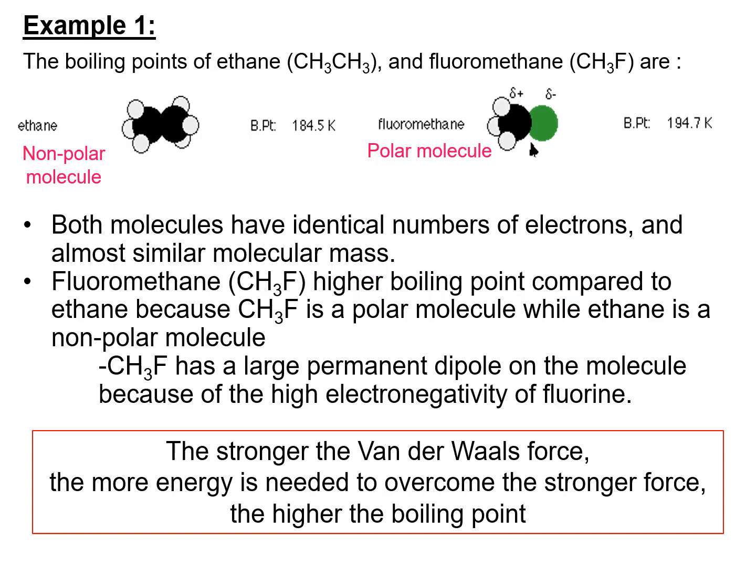Okay, now let's look at example 1. Okay, if let's say you are given 2 molecules here, yang pertama ialah molekul ethane CH3CH3, yang kedua molekul fluoromethane CH3F. Ethane is a non-polar molecule, because ethane ni molekul dia hanya ada atom C dan juga H saja. Atom C dan juga H ni ialah atom yang electronegativity dia lebih kurang sama.